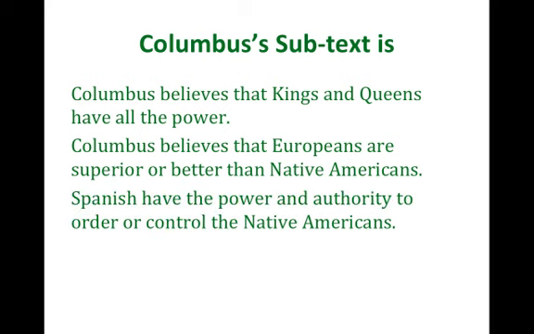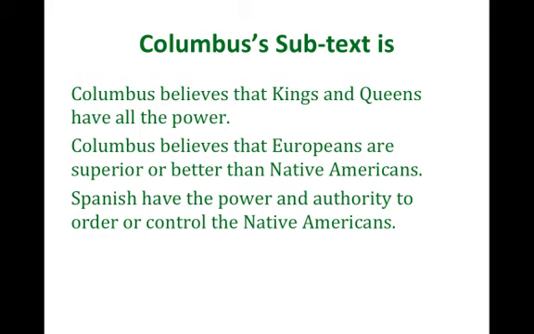And I'm only using the blue text to get there. I think you can draw on the other part of the text to support these claims. The other thing is the Spanish have the power and authority to order or control the Native Americans. Okay, so if you look at these closely, this is the subtext. This is the meanings that are underneath the surface of Columbus's words in the text.